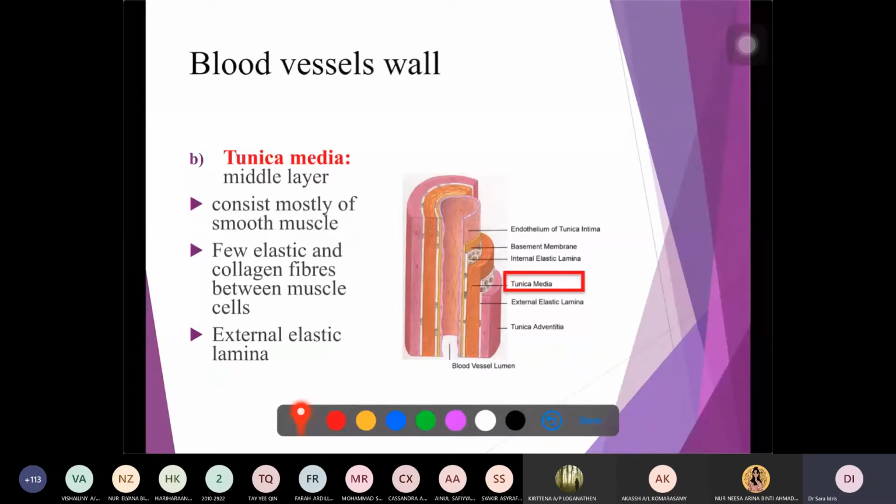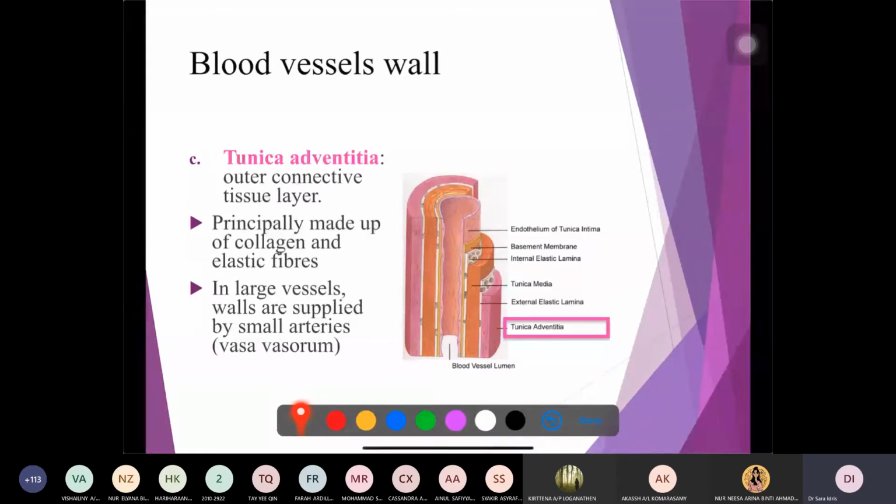So tunica adventitia is the outer part of the connective tissue that makes up the coat of your vessel. It's principally made up of fibers, be it collagen or elastic. And in large vessels, you can also find small arteries that would supply the walls of the vessel itself.